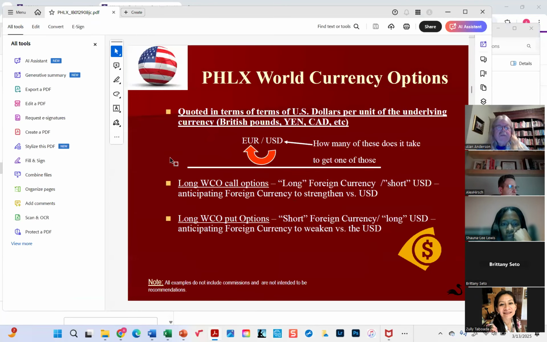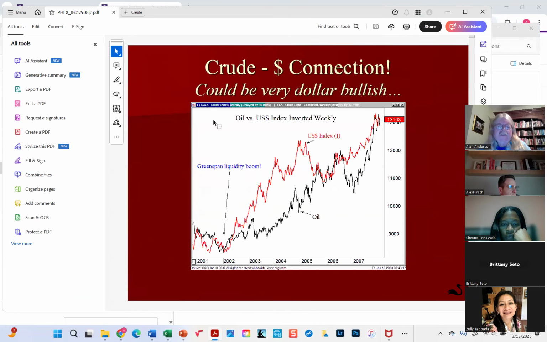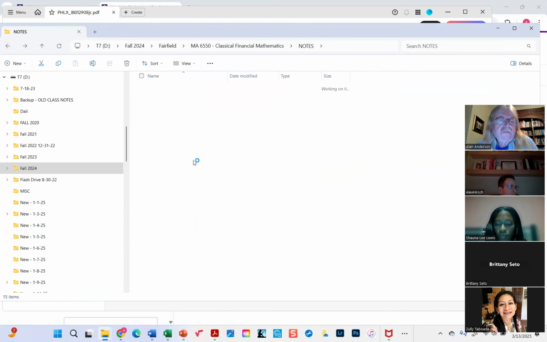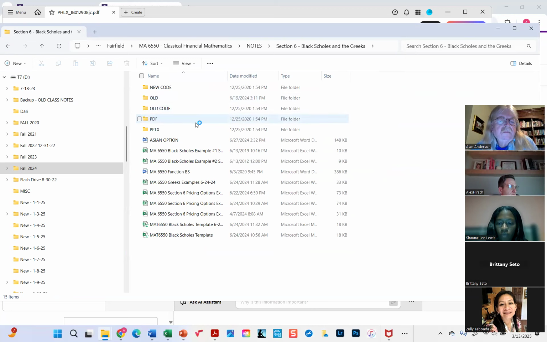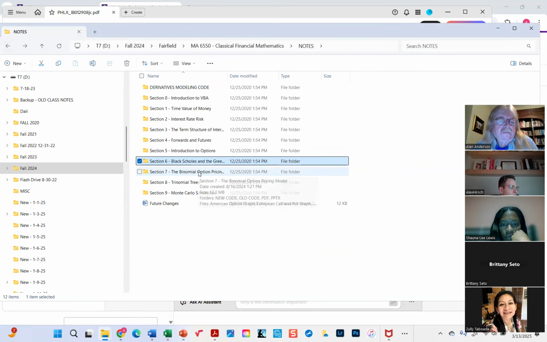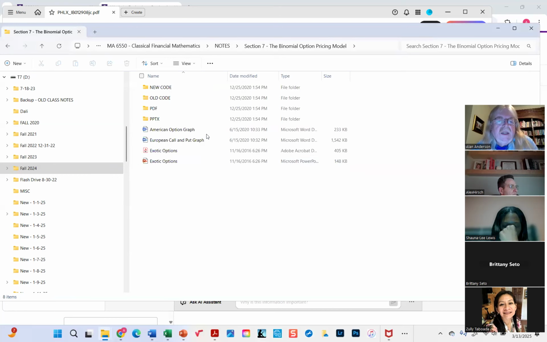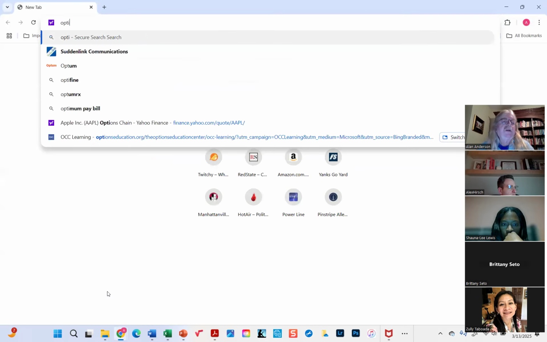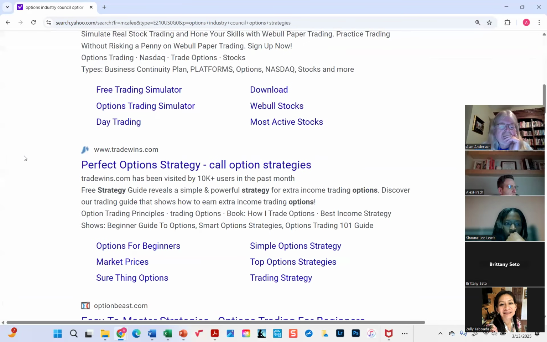Well, this is specifically about the Philadelphia Stock Exchange. It's like sometimes when you look for stuff, it's just unbelievable. I'm going to try this one more time. If I can't find it, it's going to have to wait.